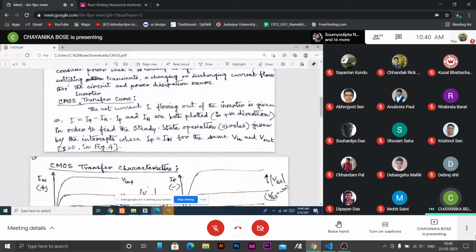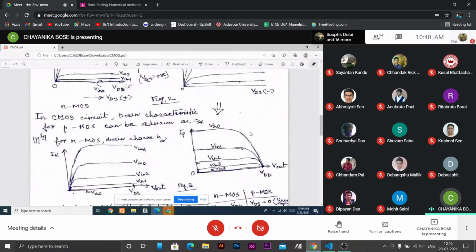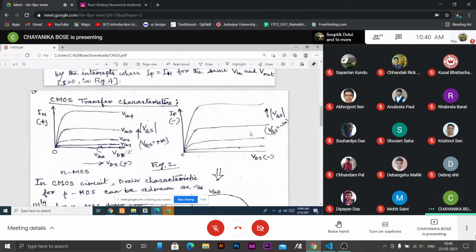I will show the PMOS separately once. Here for the flat NMOS you have studied, you know VGS is positive as it increases, so for input voltage 0 this device is off, and for input voltage VDD the maximum current flows through this.